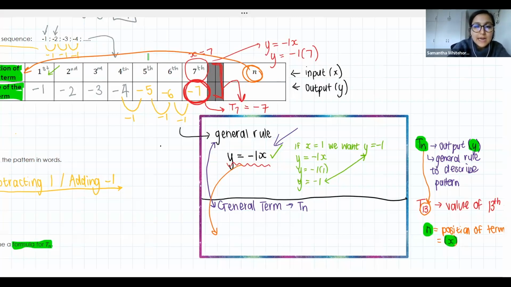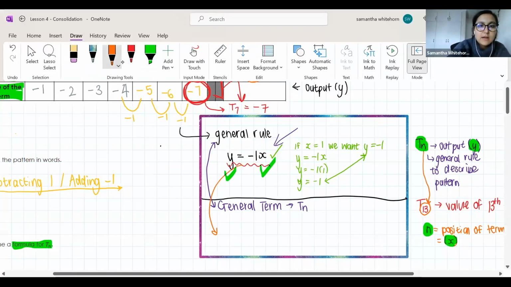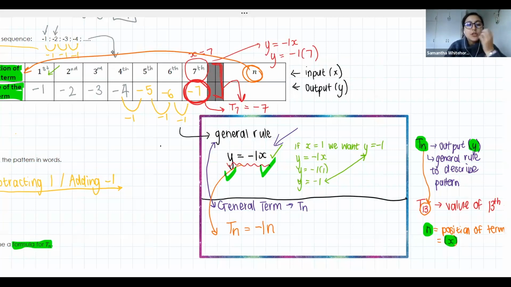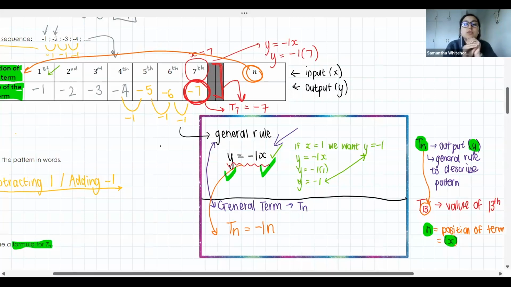So if you know what x is and what y is, you can just replace them with Tn and N. So y is Tn, x is N, and I multiplied x by -1. So my general term in terms of Tn and N is Tn is equal to -1 N. It tells you exactly the same information.